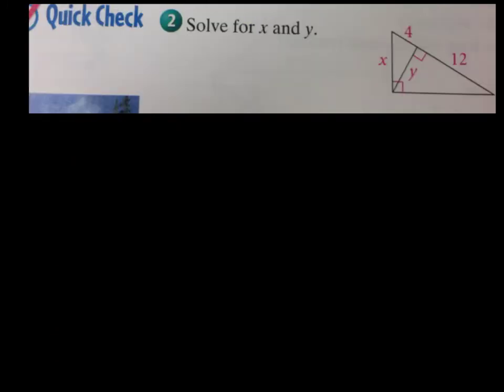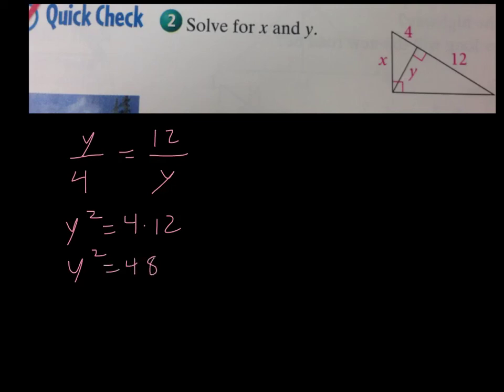All right, now let's see if we can do quick check number 2. Please pause the video while you try to figure out x and y. All right, to get y, we're going to use the first corollary that says the altitude to the hypotenuse, which is y, is the geometric mean for the two parts of the hypotenuse, 4 and 12. So y squared equals 4 times 12. y squared is going to equal 48.